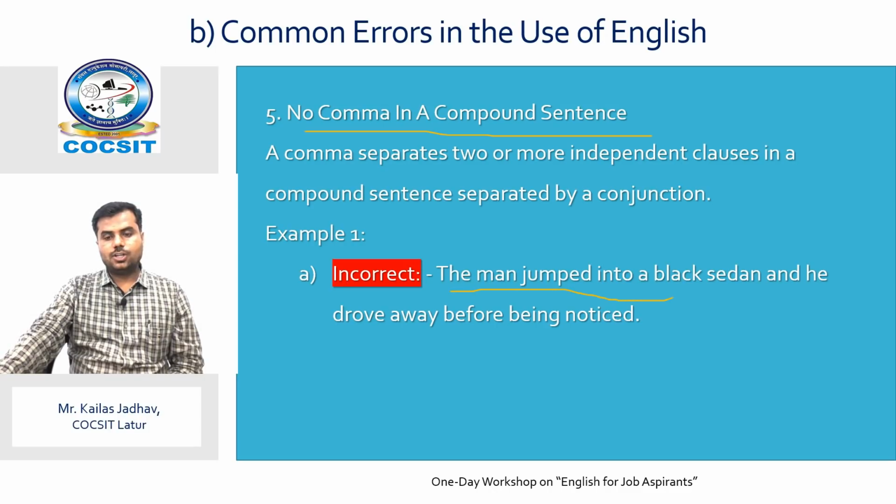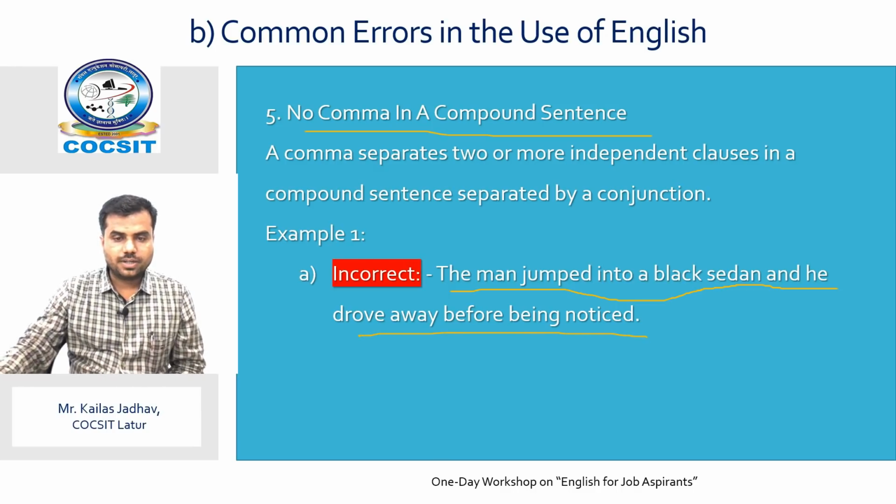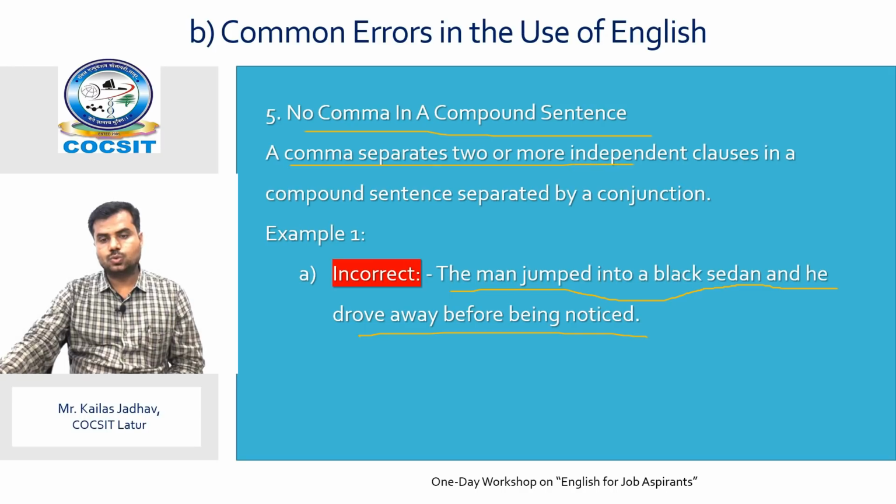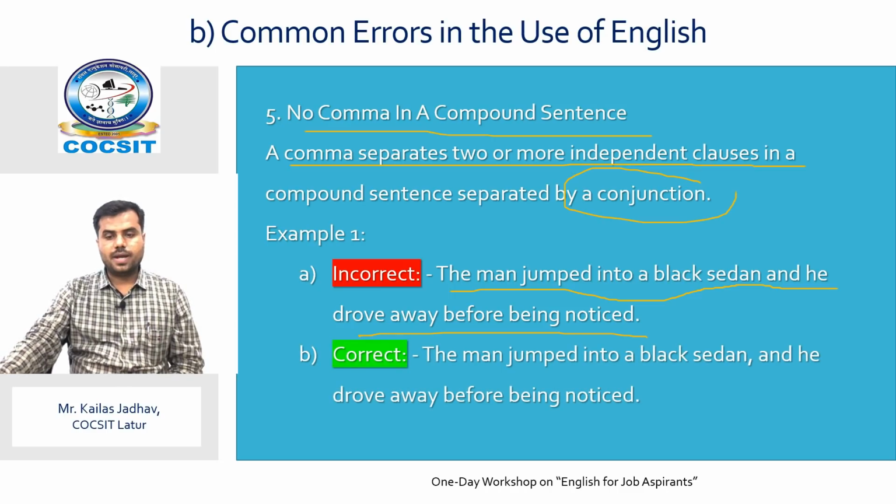Let's say, the man jumped into a black sedan and he drove away before being noticed. My dear friends, a comma separates two or more independent clauses joined by a conjunction in a compound sentence. Look at this example. The man jumped into a black sedan, and the comma is put after sedan, so he drove away.